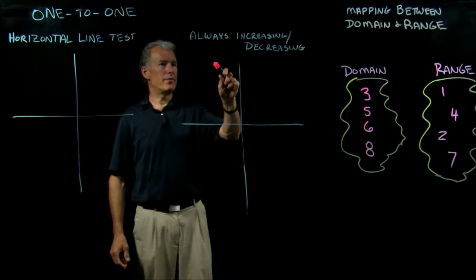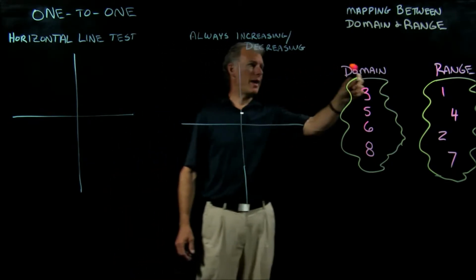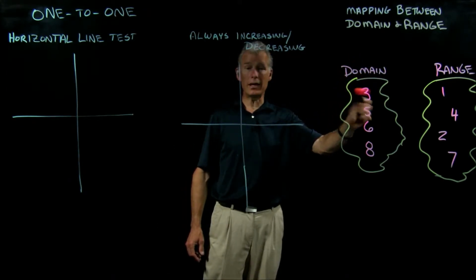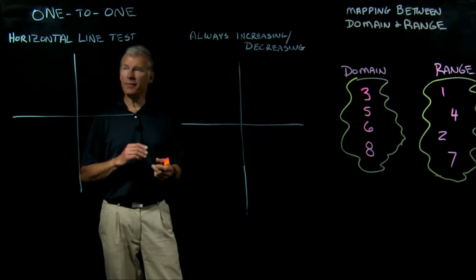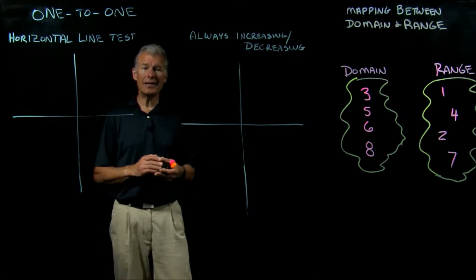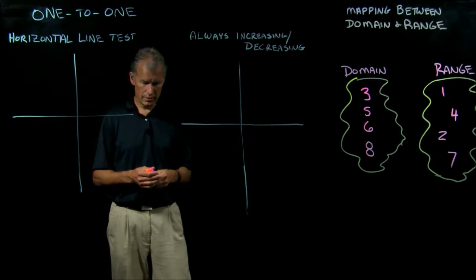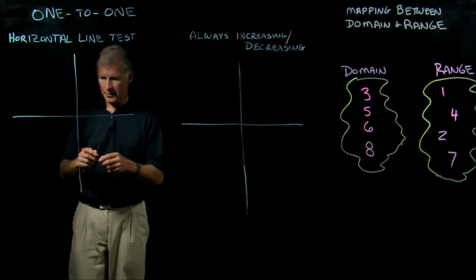We have always increasing or decreasing. And we have a mapping, being able to discuss a mapping between the domain and range. And these are ways we can determine if our inverse is a function or not before we even actually find the inverse. So let's start over here with the horizontal line test.